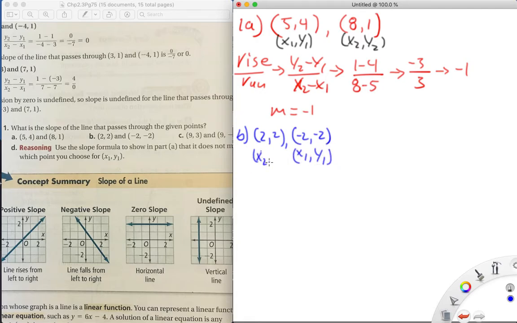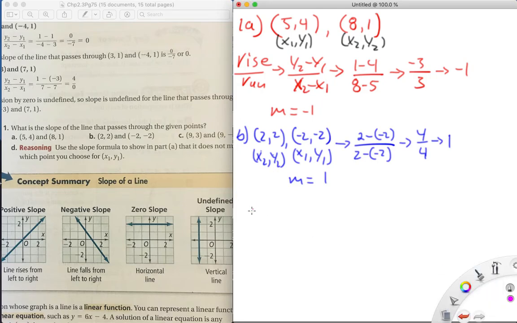It doesn't matter which one is which as long as you're consistent with which are your 2's and your 1's. So it would be 2 minus negative 2 over 2 minus negative 2. Remember, that's the same thing as 2 plus 2, so that's 4 over 4, which equals 1. So in this case, we have a slope of 1.